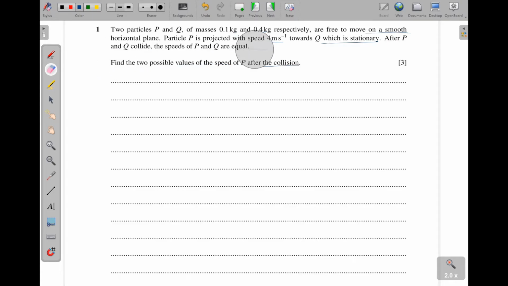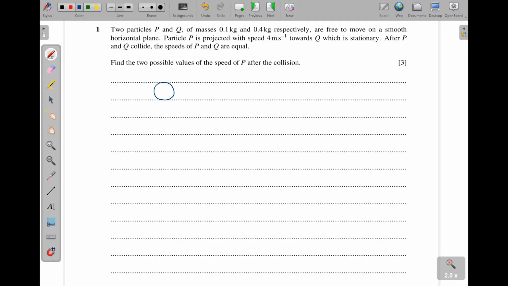Now, here we have to look at two situations. Since P is lighter than Q, it is just 0.1 and Q is 4 times that. When it hits Q, it can move forward or it can move backwards. So those are the two that we are going to consider.